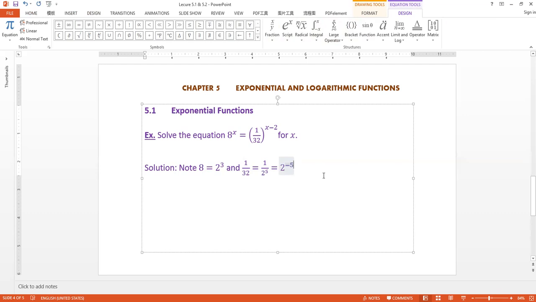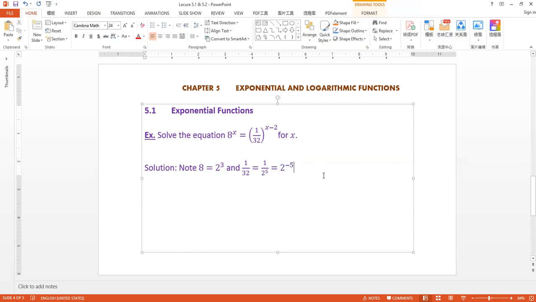So that's using the properties of exponents. So then we can rewrite the equation as this.